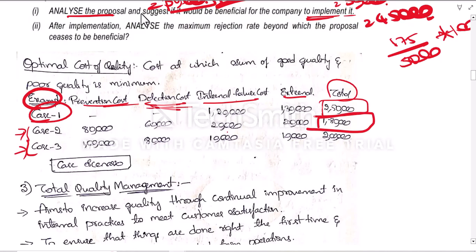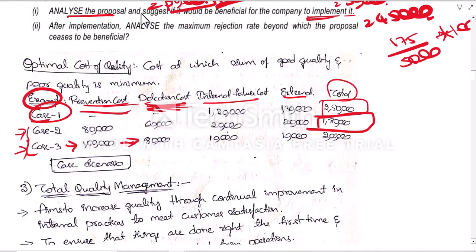But what we thought is, if we invest 80,000 and 60,000 here, it is reduced by 1,10,000. But what if we invest more on prevention and detection cost? It will be reduced more, no? So in that sense we again invested in prevention cost and detection cost.